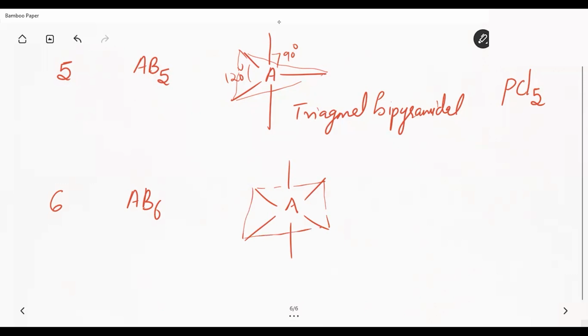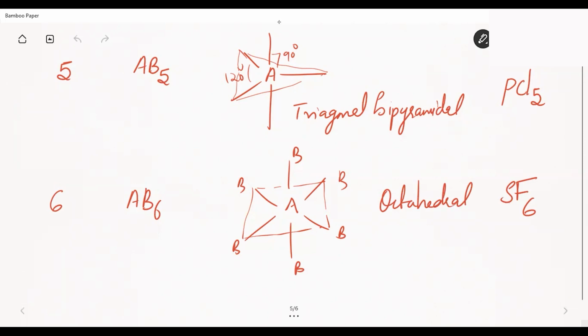This is octahedral. The most common example is SF6. Sulfur has 6 electrons in its valence shell. It is bonded with 6 fluorine atoms, and you get an octahedral shape. There are no lone pairs in this case.